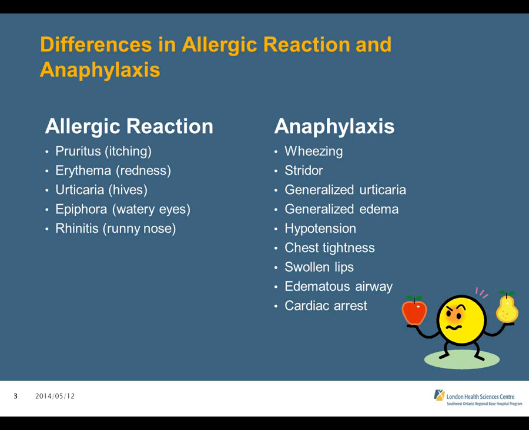You may be hypotensive due to systemic vasodilation. They may get some chest tightness due to the bronchoconstriction. And you also see edema, both at the lips, the tongue, the skin itself. And anaphylaxis is very rapid in onset, and it can be very deadly to some and can lead to cardiac arrest.